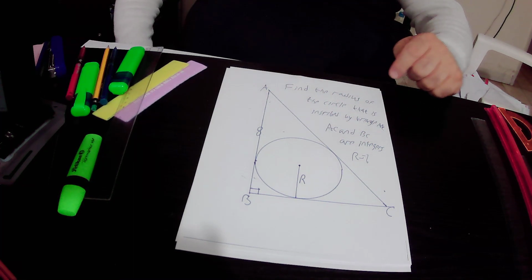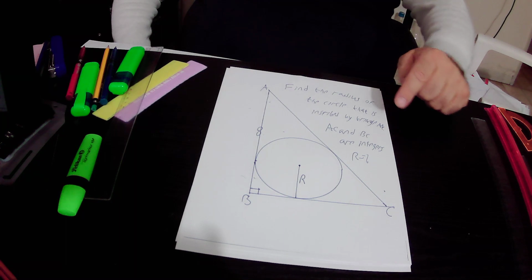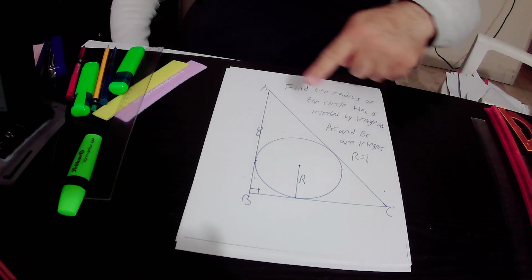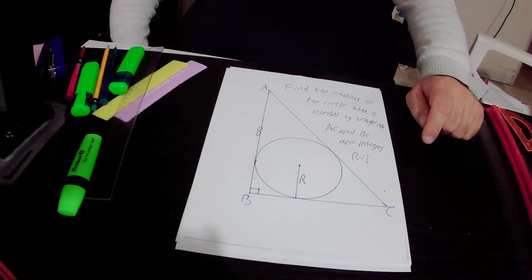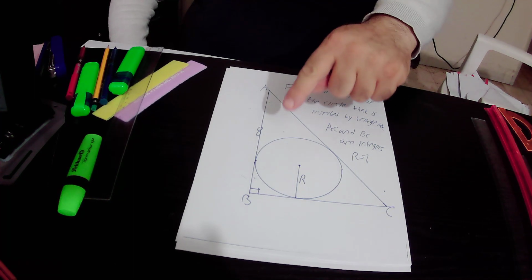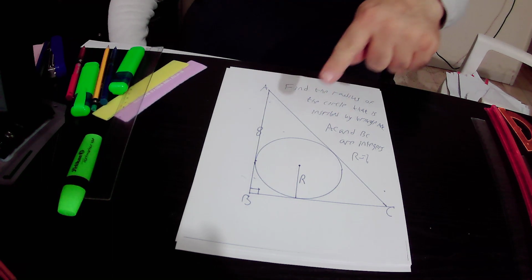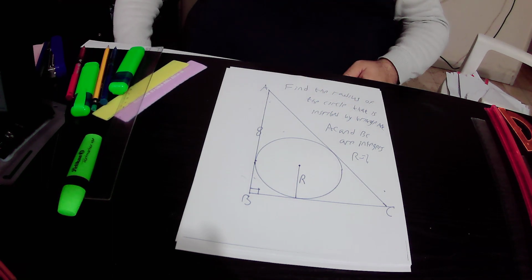We also know that the lengths of BC and AC are integer numbers. Okay, and we want to find the radius of this circle that is inscribed in the right triangle, triangle ABC.